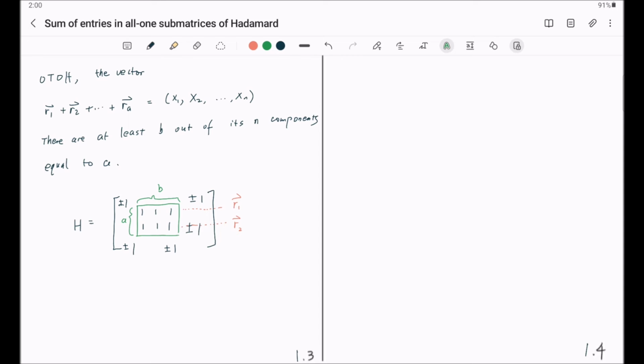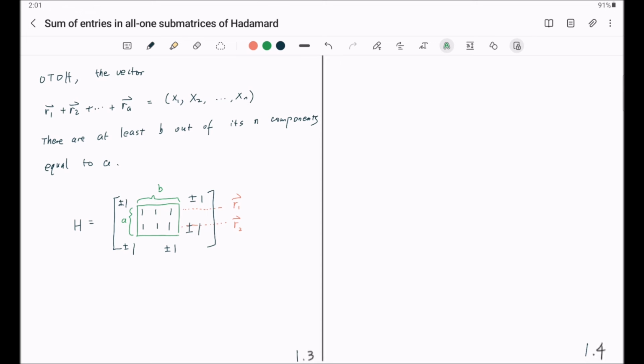If you look at those A rows, as in this picture, where A is equal to 2, those components are the sum of components in R1 through RA.